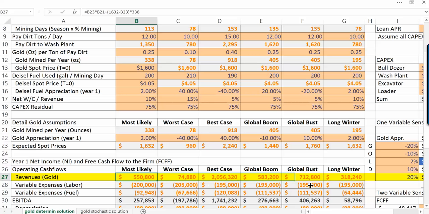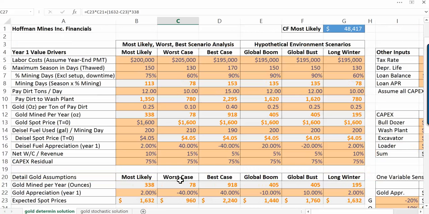But if I copy this over, let's look at what happens to this worst case. In the worst case, I had gold prices going down 40%. Notice that jumped up because in this scenario, Todd sells all his gold at $960 an ounce. However, he also gets a payoff from the forward contract. Now, the reason why it's not exactly 550 is because in this scenario, quantity of gold is also going down.